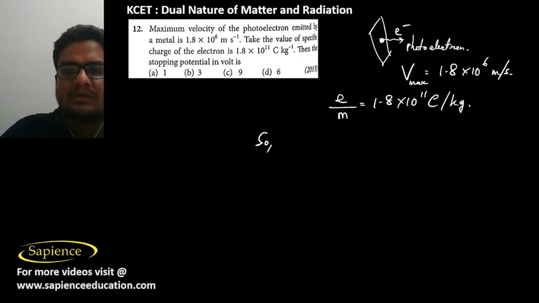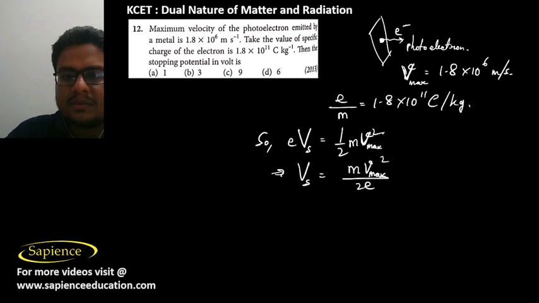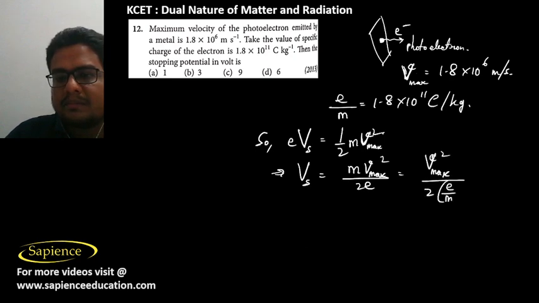So we know that eVs, where Vs is the stopping potential, is equal to the maximum kinetic energy, that is equal to half m Vmax square. So the stopping potential is equal to m Vmax square divided by 2e, where e is the charge of the electron. So I can write it as Vmax square divided by 2 into e by m.